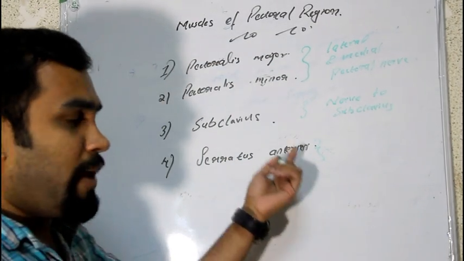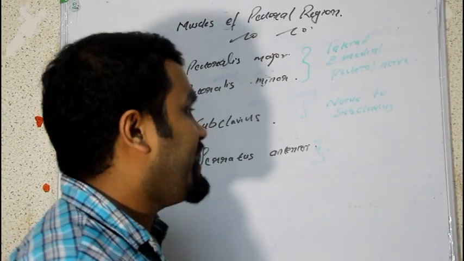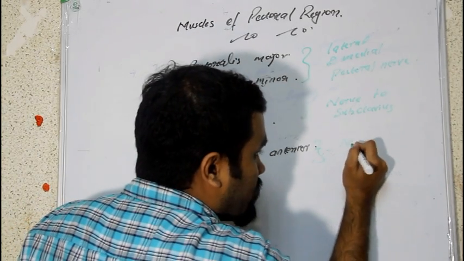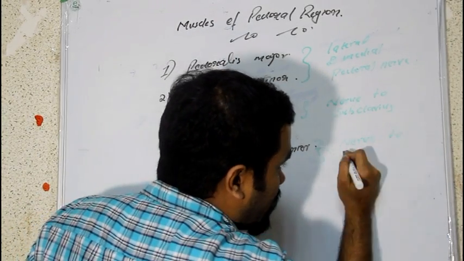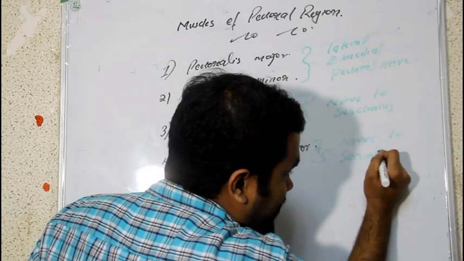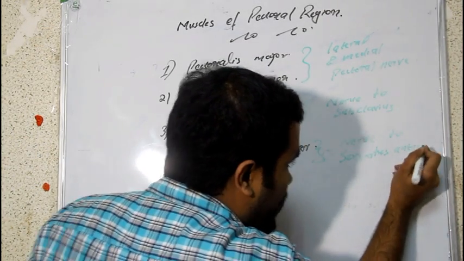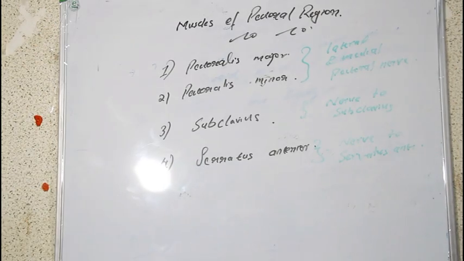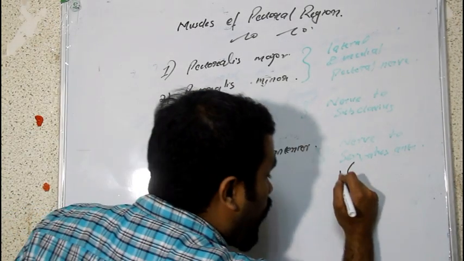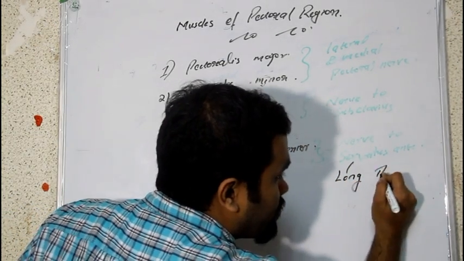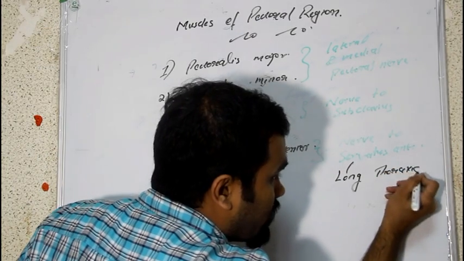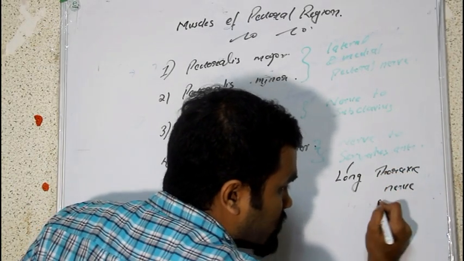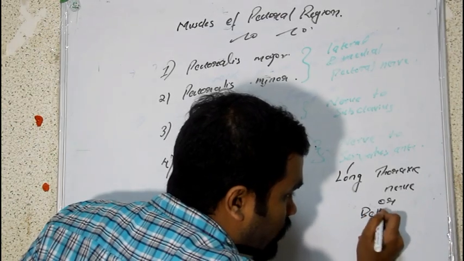Serratus anterior is supplied by the nerve to serratus anterior. This nerve to serratus anterior is known as the long thoracic nerve, or it is also known as Bell's nerve.